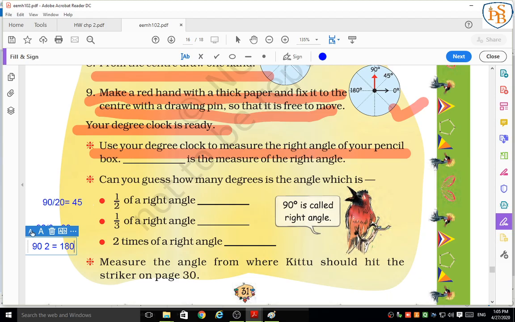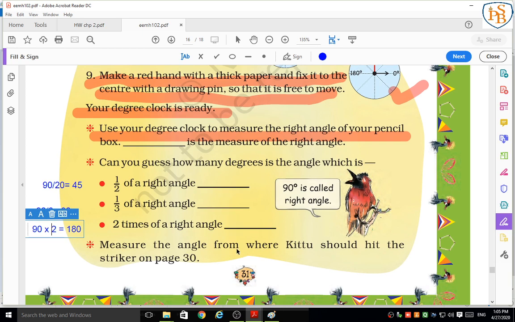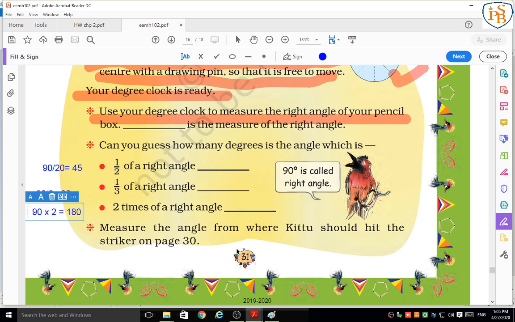So the answer is what? 90 multiply by 2 is equal to 180. Correct? So 2 times of a right angle is nothing but 180.